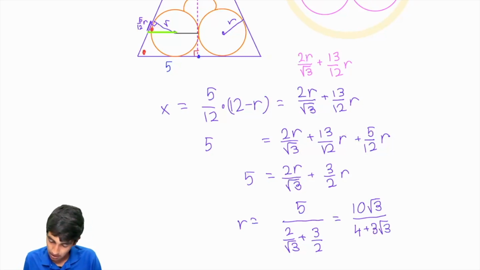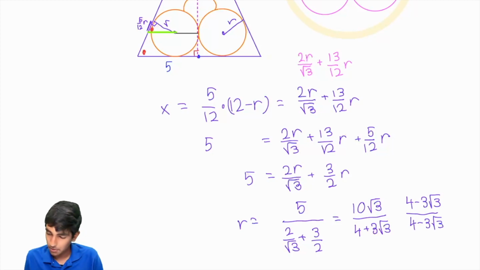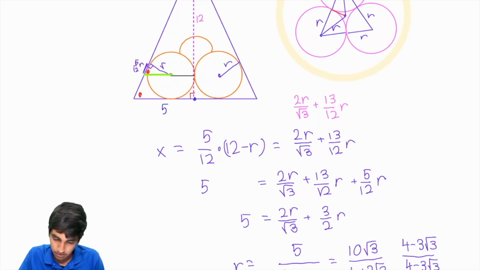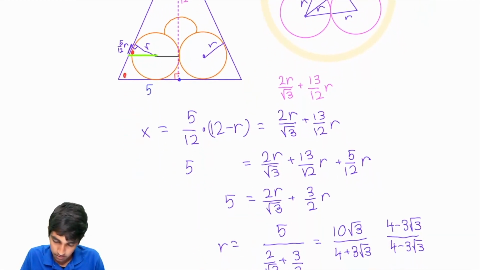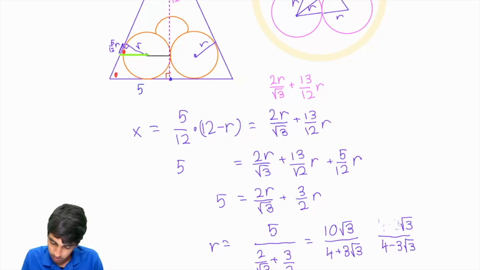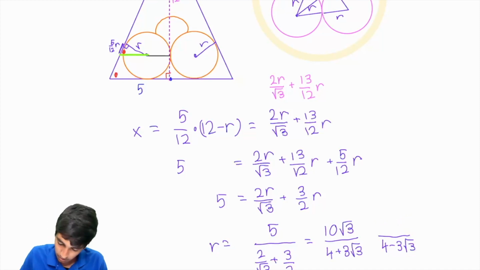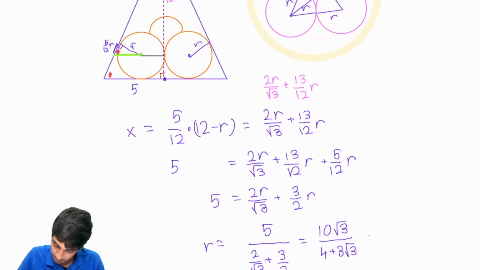Just by multiplication. And now we rationalize, so 4 minus 3 root 3 over 4 minus 3 root 3, or maybe it would be reverse actually. Because then 3 root 3 minus 4 is positive, so you can reverse that.